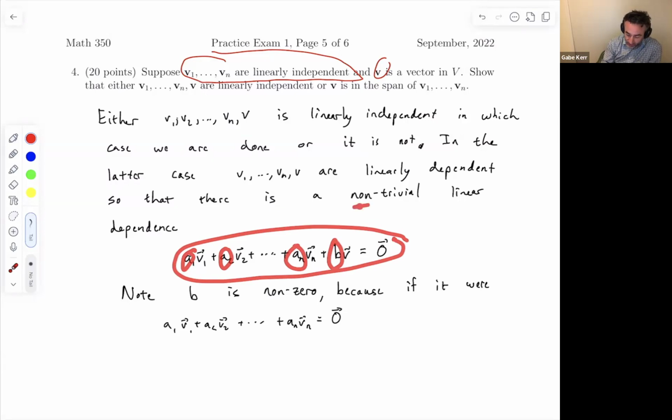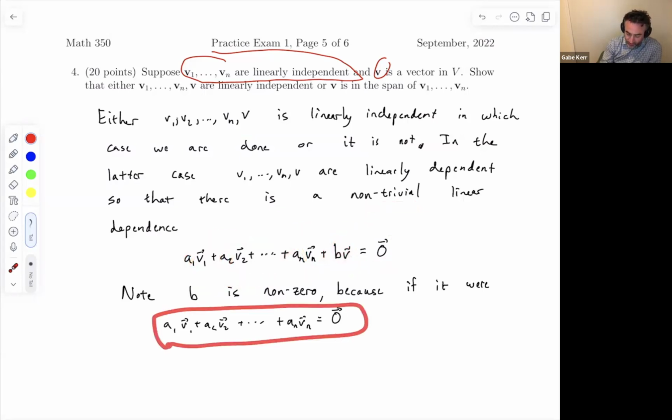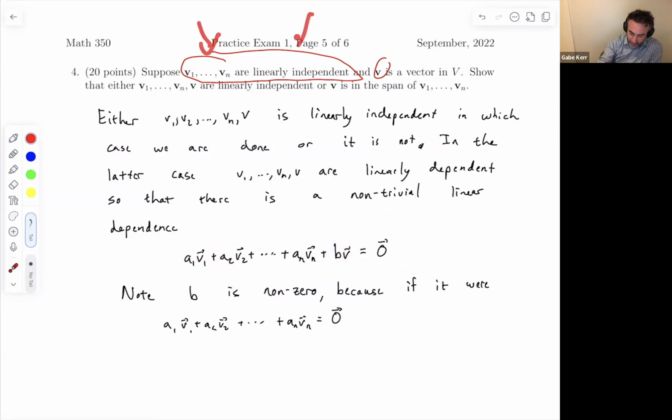So at least one must be non-zero. Well, if B is 0, then one of these other ones must be non-zero, which means that this is non-trivial, but we know these guys are linearly independent.